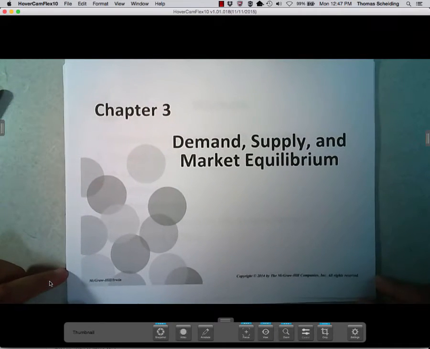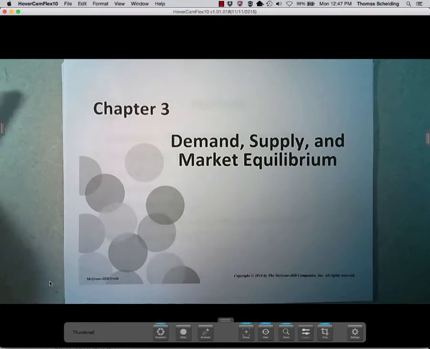So in chapter 3, we're now dealing with really the heart of any economics course, and that would be supply, demand, and market equilibrium. Just to review, in the previous chapter, chapter 1, we had, as an introduction, looked at how economists think about the world and what they assume.